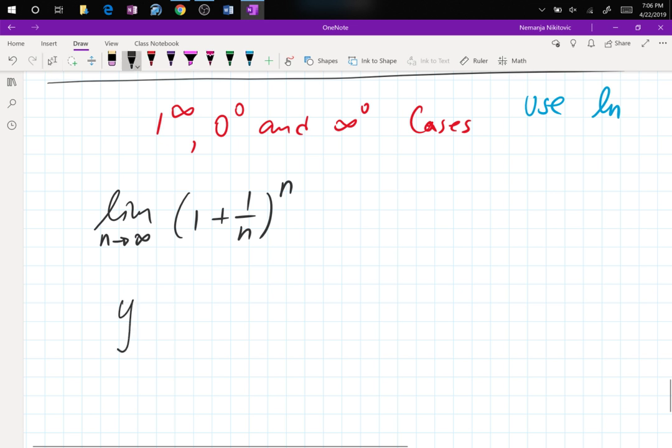So y is equal to the limit as n goes to infinity of (1 plus 1 over n) to the n. I have to start with this y equals because now I need two sides, because I need to ln both sides. So I put ln on both sides.